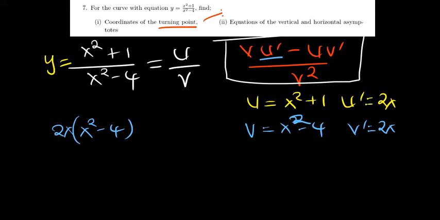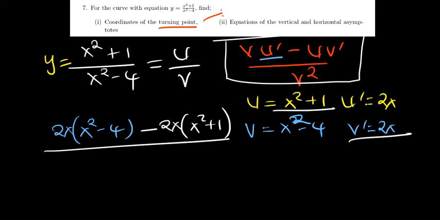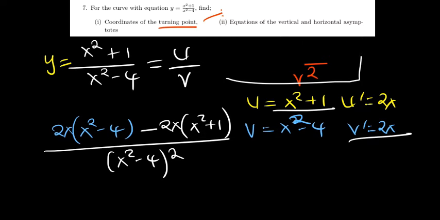And then for the other part, minus u v prime. Our u is this part multiplied by v prime, so I start with the v prime, 2x, and then x squared plus 1, divided by v squared, which is (x squared minus 4) squared. Okay, so that's what we have.